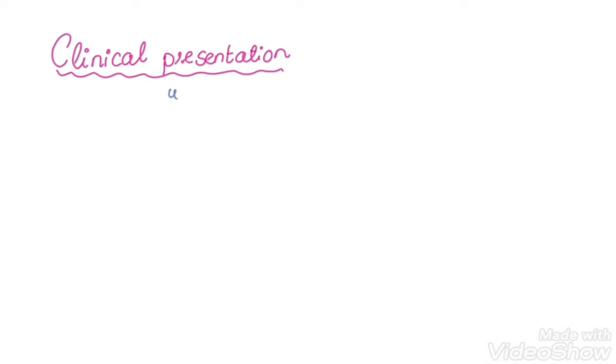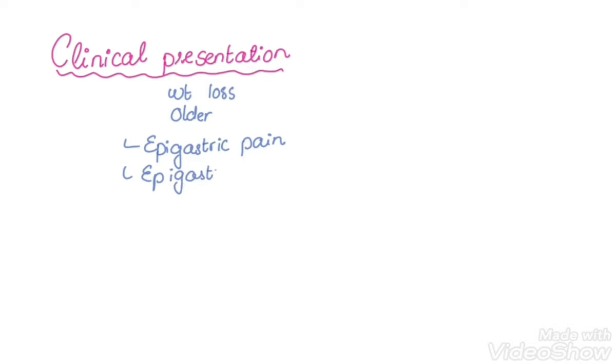A person with gastric carcinoma, like any other cancer, will have weight loss and will look emaciated. His age will be, in most of the cases, greater than 45 years. Apart from it, due to mass in the stomach, the person will have epigastric pain.